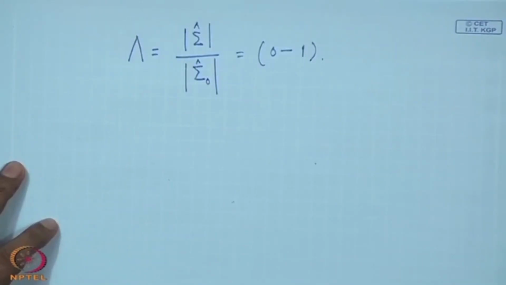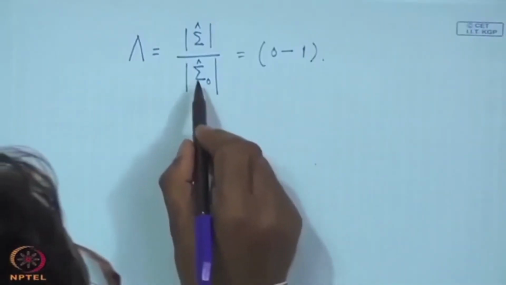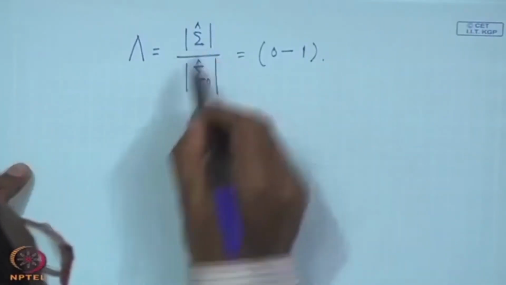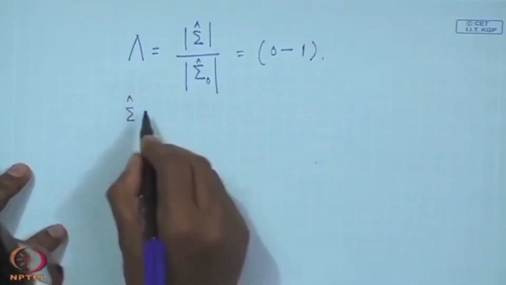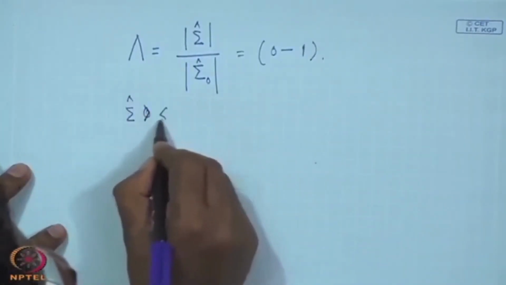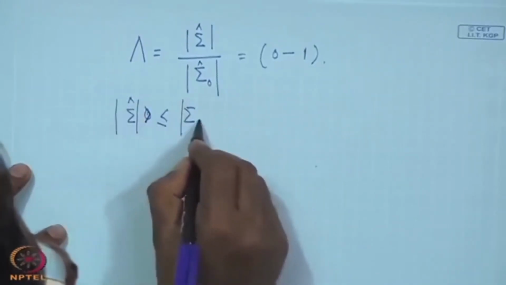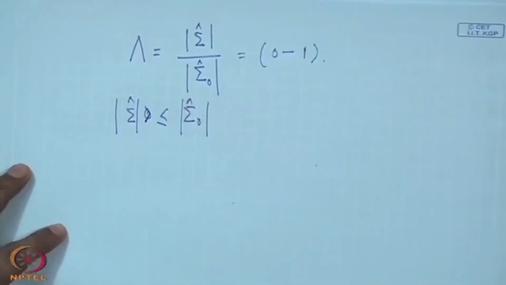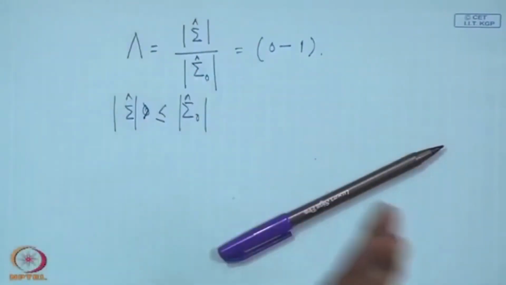Okay, so when will it become 0? Obviously, when I am going for the full model, this one should be less than or equal to the other, because in the reduced model you have eliminated many variables, their contribution you are not considering, and that will come to the error term only, SSCPE.